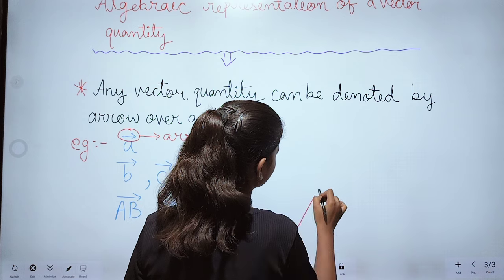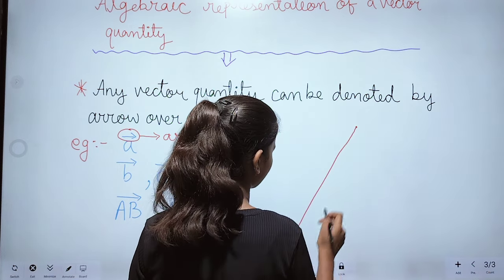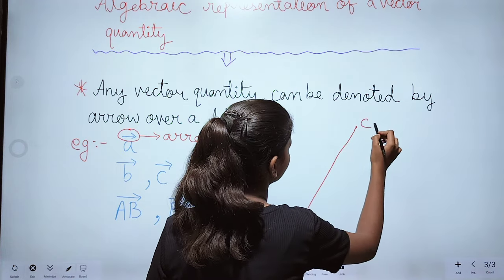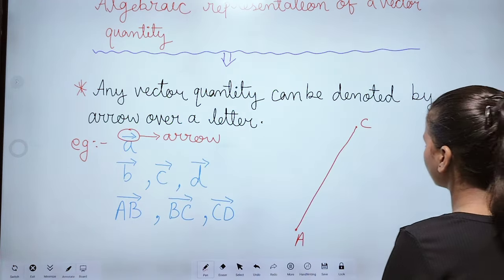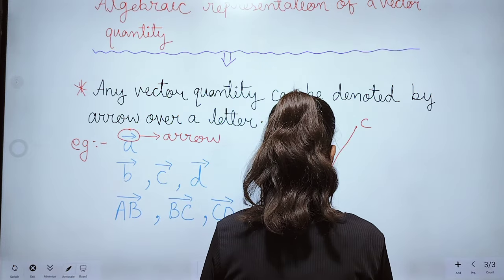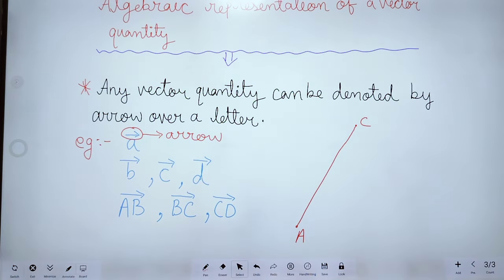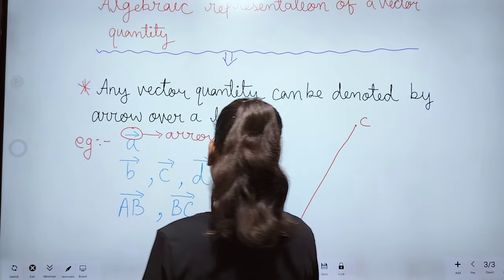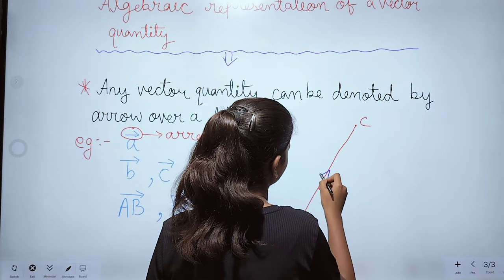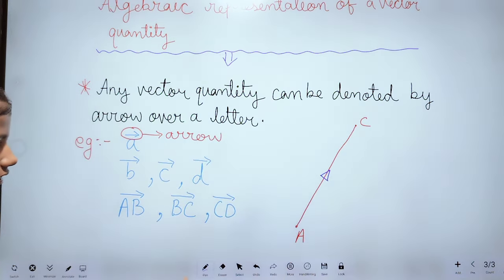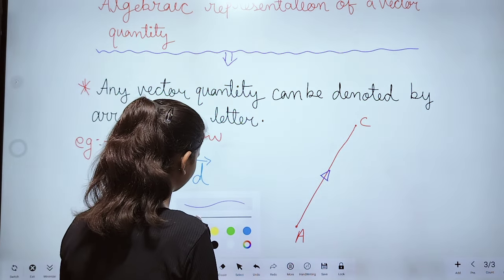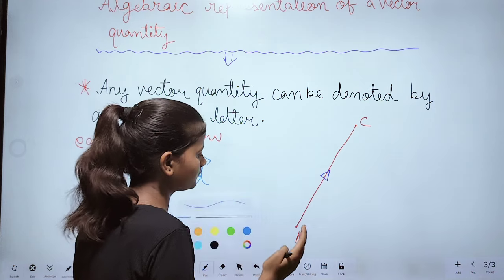Okay. And now this one is a line, A and C. Whenever we write the name of this line, this arrow shows the direction of the line.